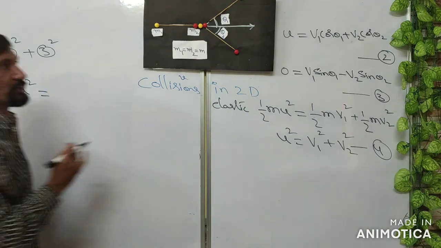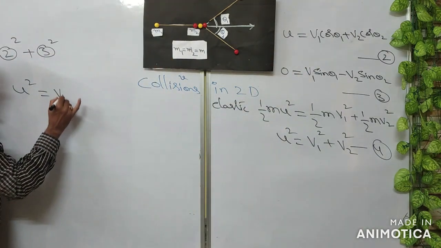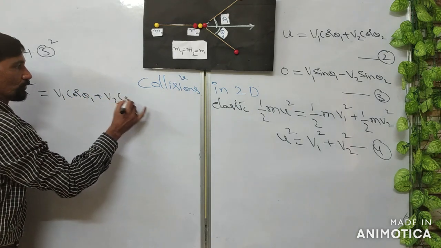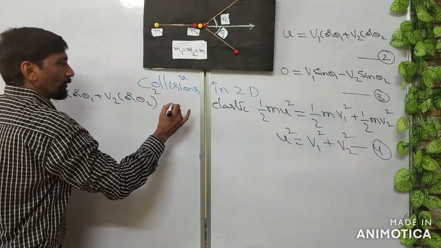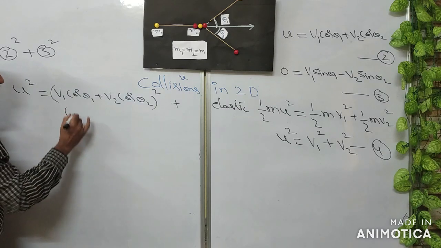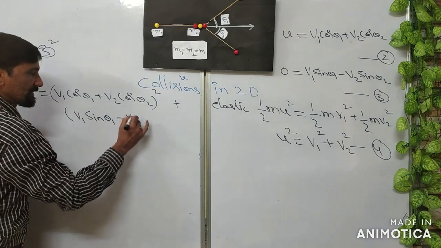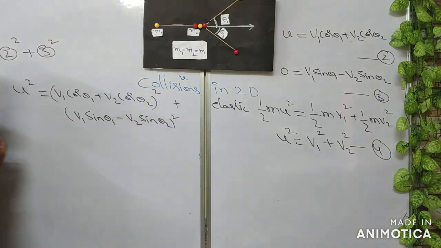On the right side you have v1 cos theta 1 plus v2 cos theta 2 whole square, plus the second one, v1 sin theta 1 minus v2 sin theta 2 whole square.